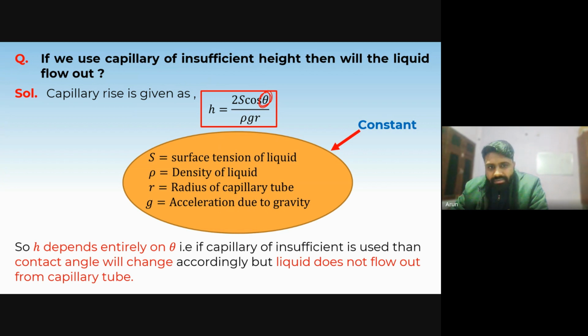So h depends entirely on theta. If a capillary of insufficient height is used, then the contact angle will change accordingly, but the liquid does not flow out of the capillary, because these all are constant. So theta can only vary, and theta will adjust itself.